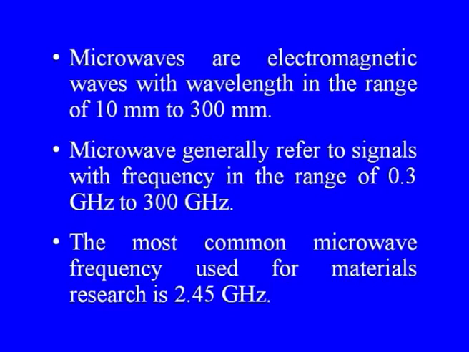Microwaves generally refer to signals with frequency in the range of 0.3 gigahertz to 300 gigahertz. This is characteristically the spectrum within which we consider electromagnetic radiations to be microwaves.